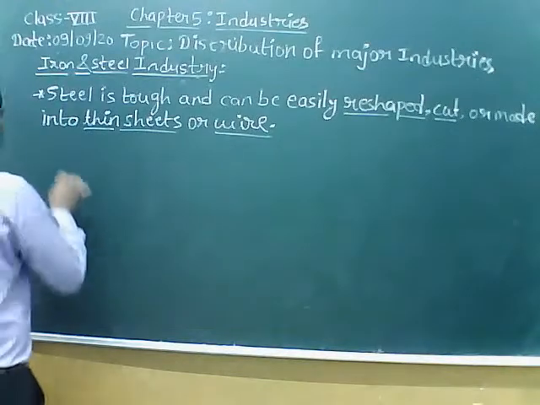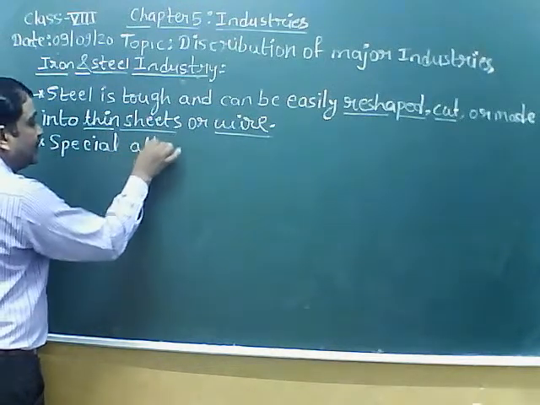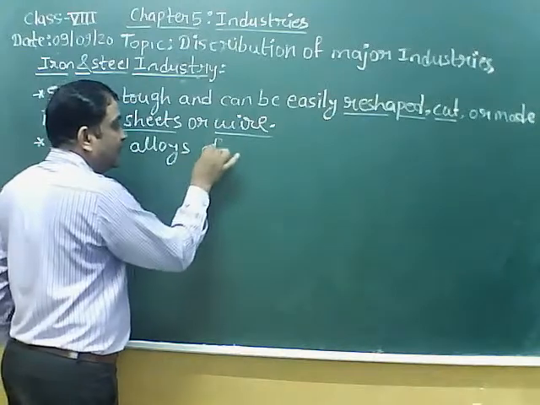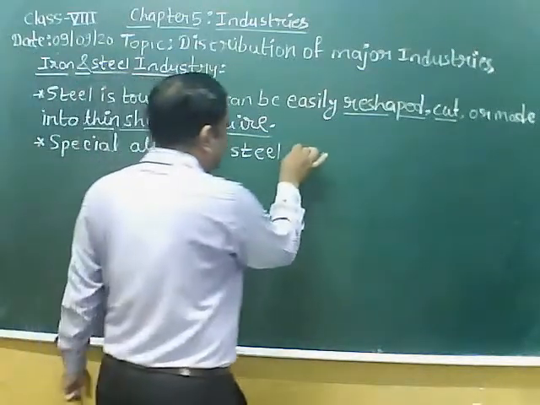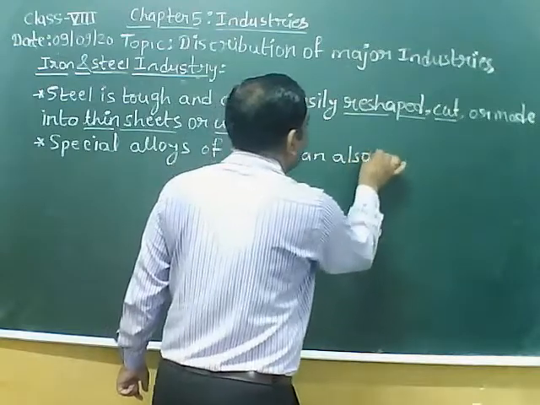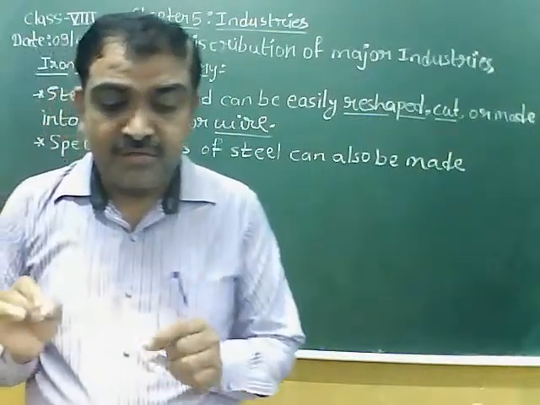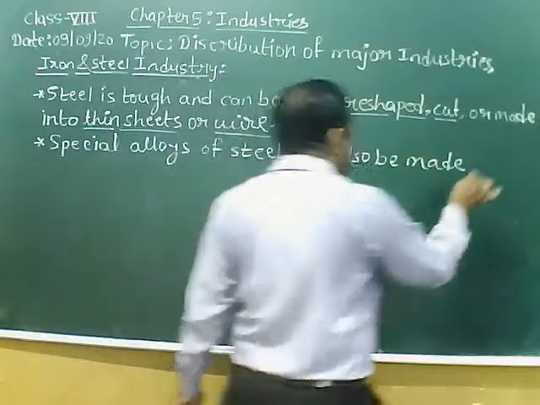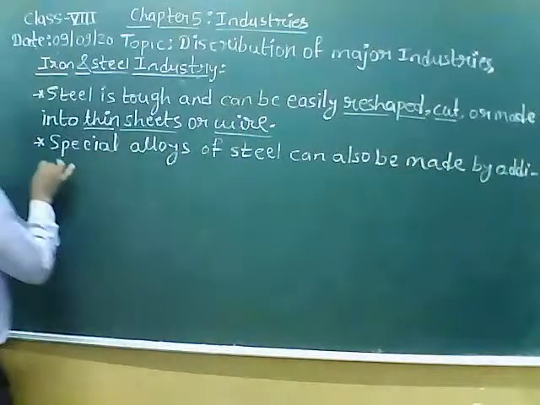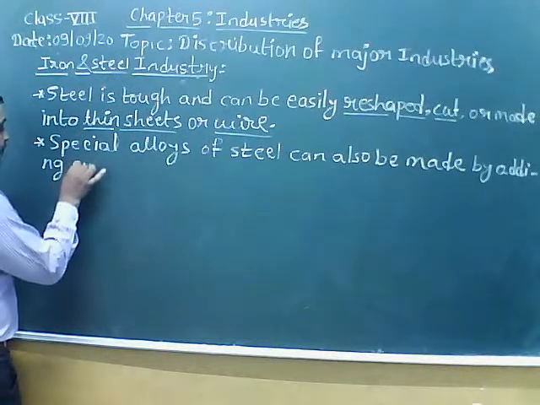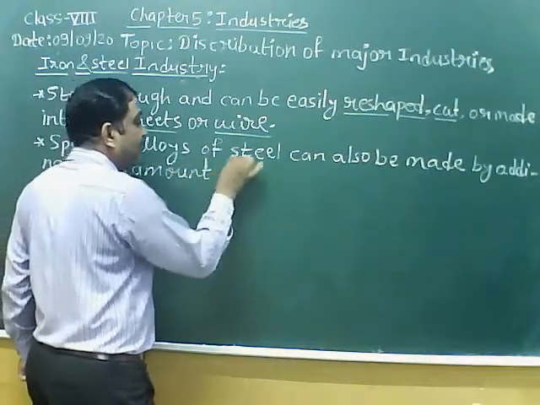Then, special alloys of steel can also be made by adding a small amount of other metals.